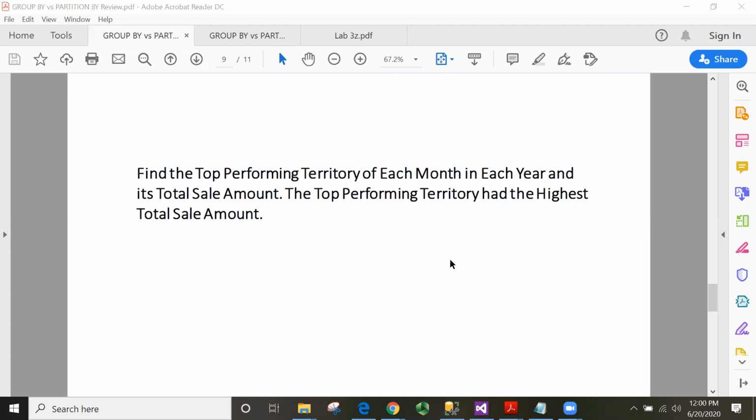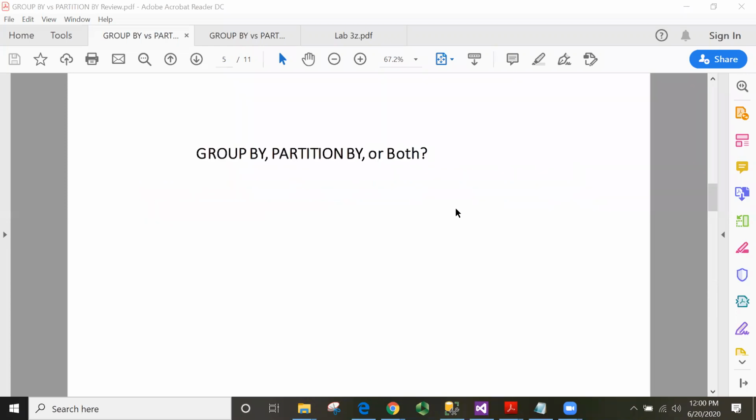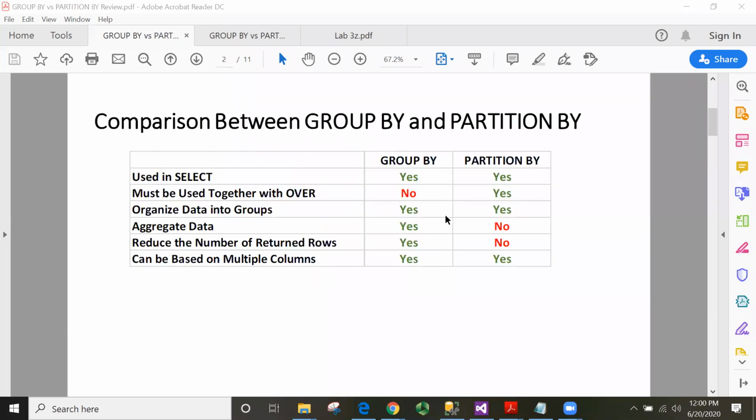So we need to organize our data into groups. If we want to organize our data into groups, we have two options, right? You go back to the comparison chart. Organize data into groups, we could use either group by or partition by. So we have some options here. What would you use?